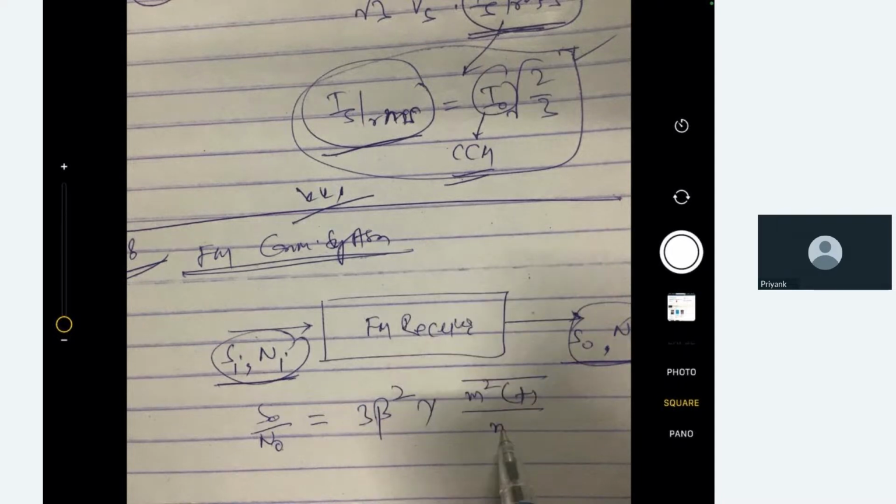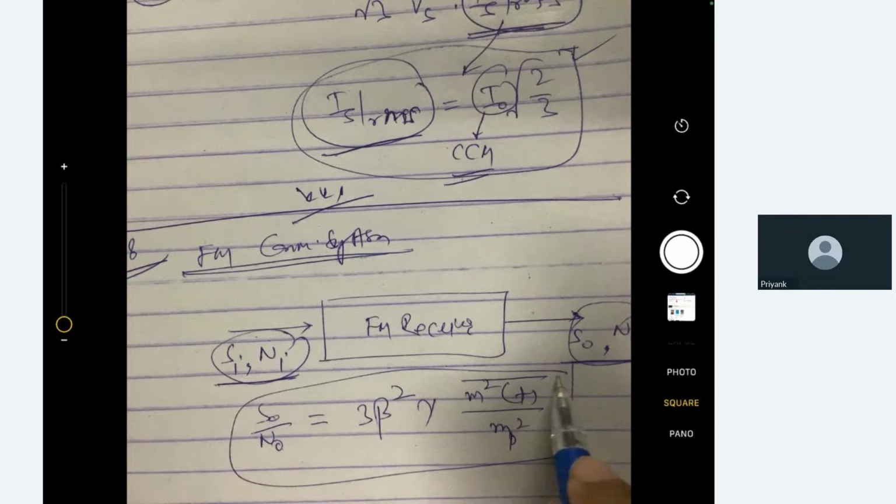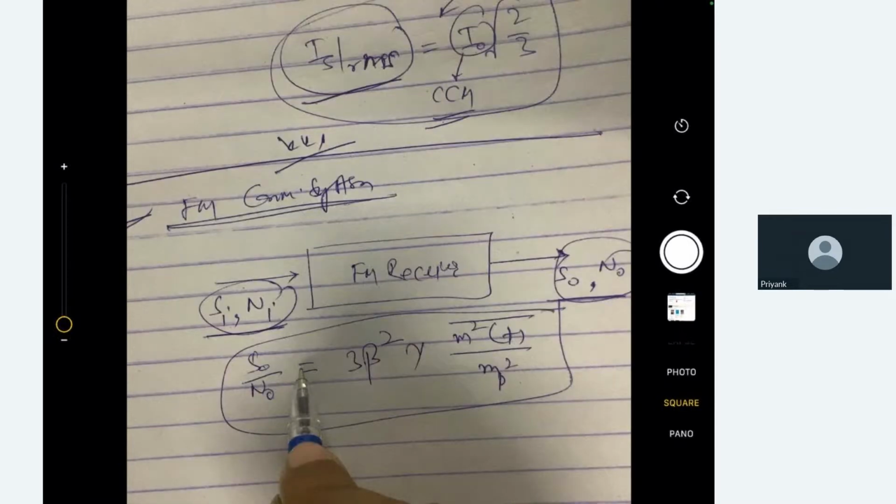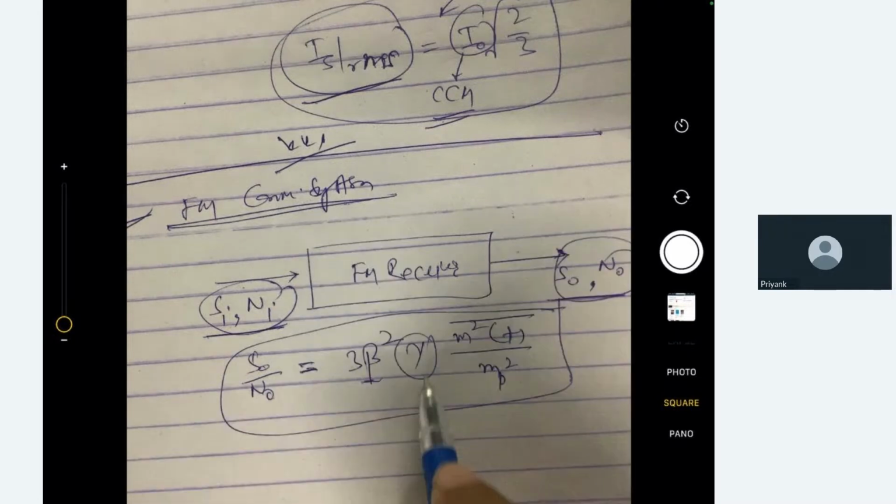This formula is directly available in BP Lathi. Actually, they have gone through a very tedious derivation of this formula, where beta we know, and gamma is the baseband value.